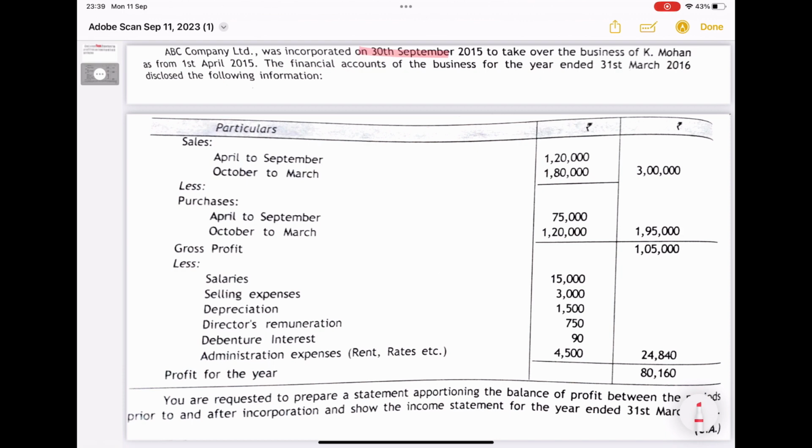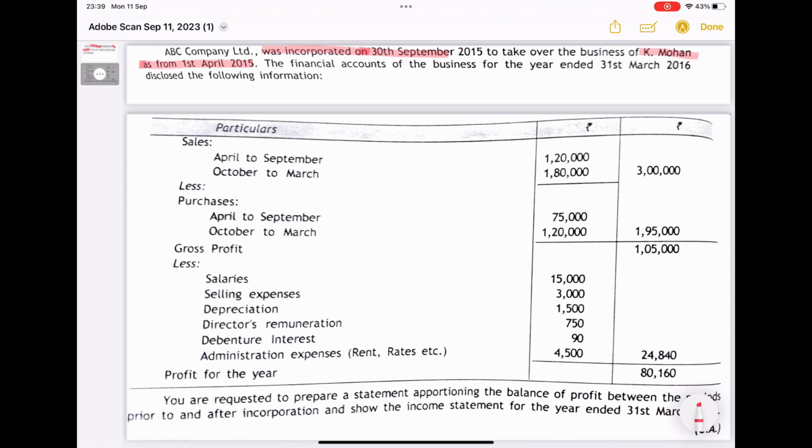That means I purchased the business from Mohan from the beginning of the financial period, 1st April, but took some time until September to register my company. So the duration between 1st April and 30th September is my pre-incorporation period, and after September till 31st March, the books closing period, is considered the post-incorporation period.